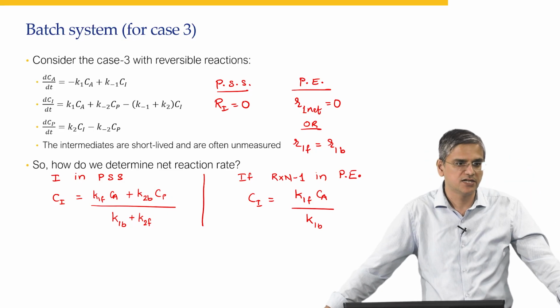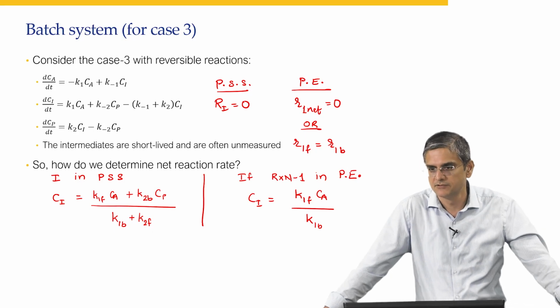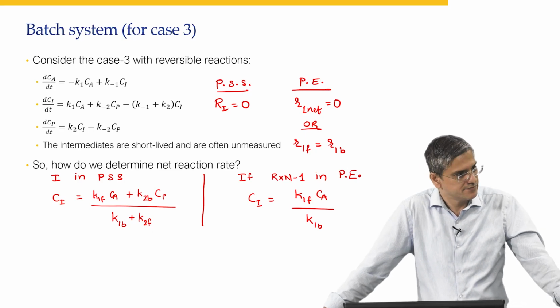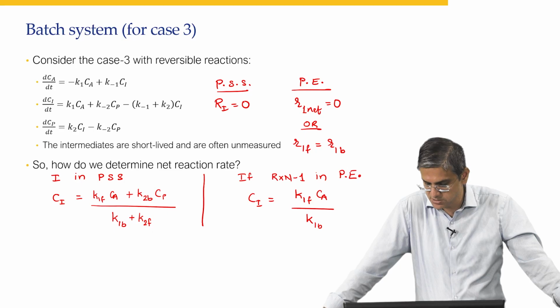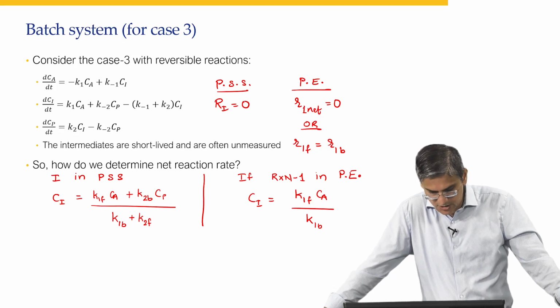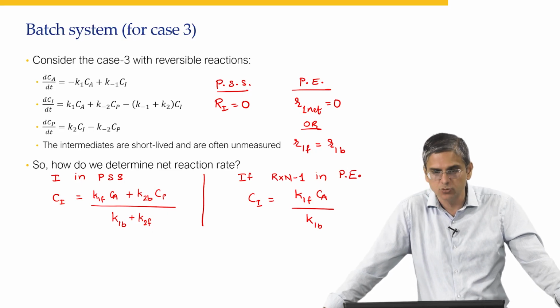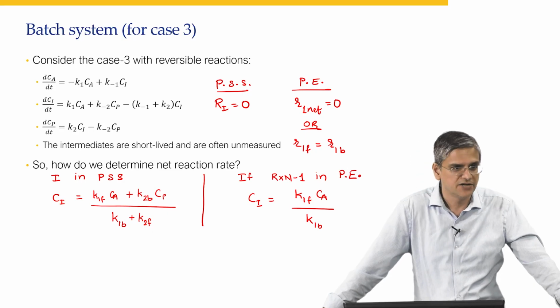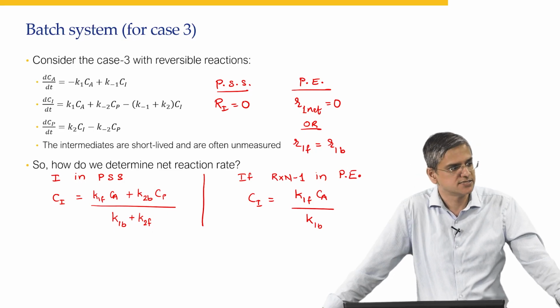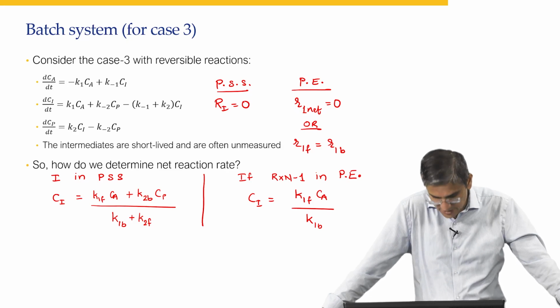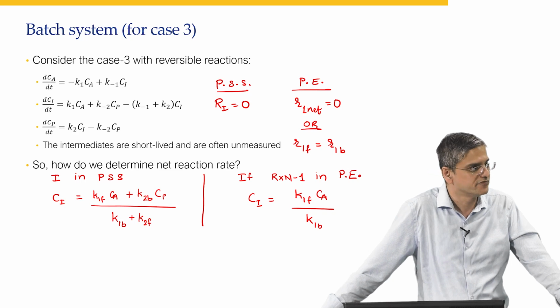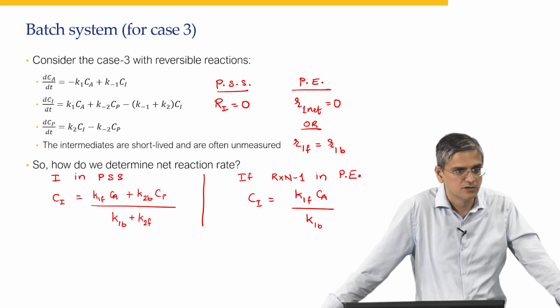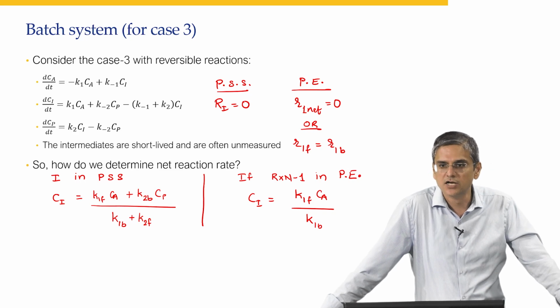If you compare the left hand side and the right hand side, what does it imply? Can you see something else? What would be the relationship between K1B and K2F for the left hand side expression to reduce to the right hand side expression? What is much greater? K1B is much greater than K2F, right? Okay.